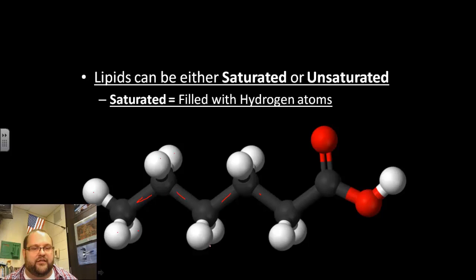But then these carbons are bonded together. This one has 2 hydrogens, this one has 2 hydrogens, this one has 2 hydrogens. Well, saturated means it has the maximum number of hydrogens. So it is saturated with hydrogens.